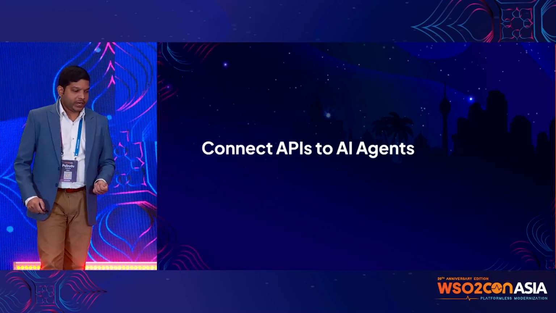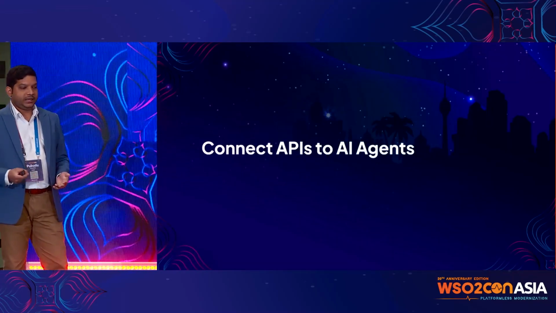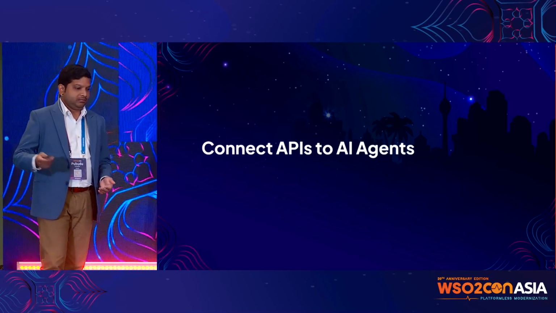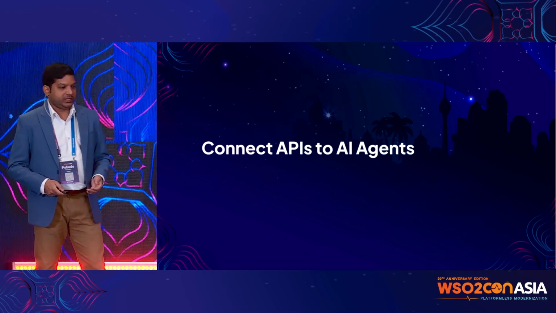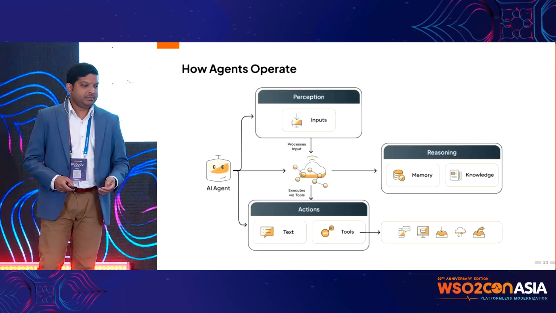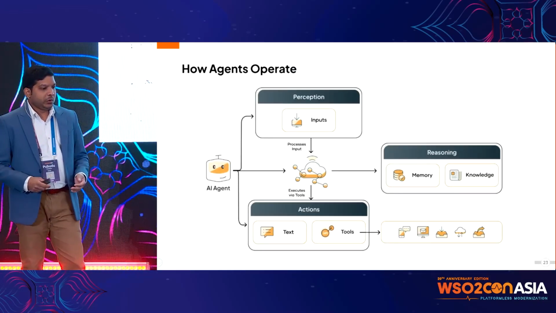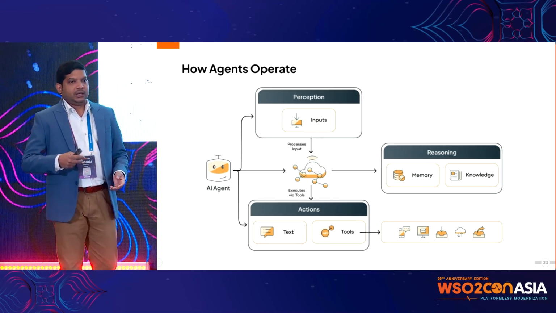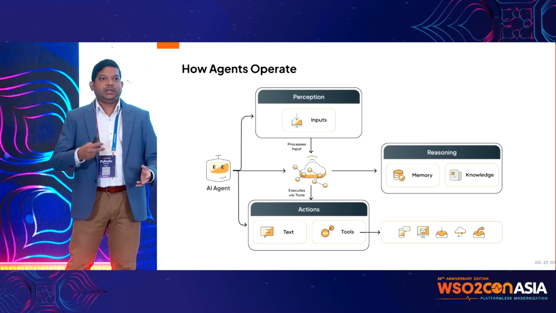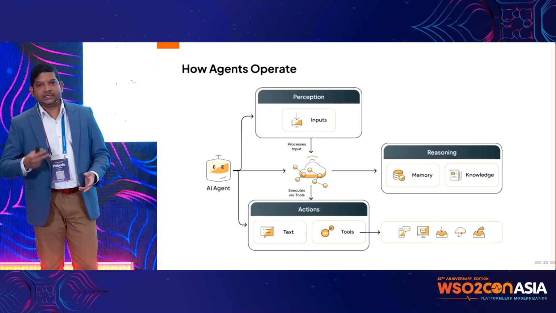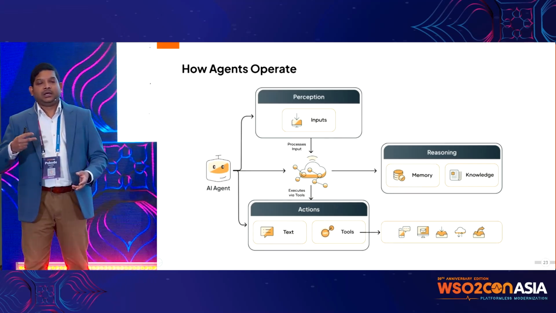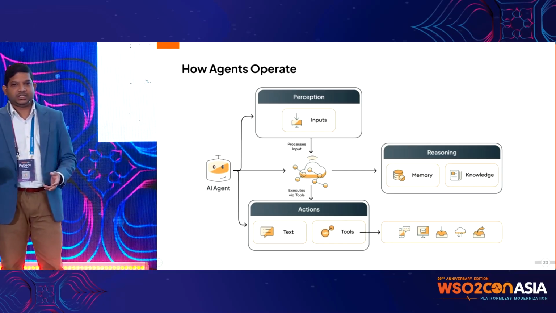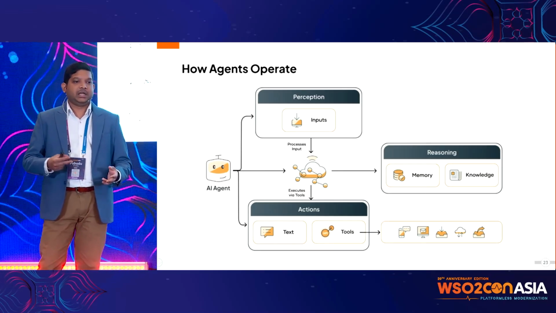Right, so let's look at how we can connect APIs to AI agents. As Chris mentioned, this is very recently introduced for Bijira. If you look at how agents operate today, the idea is that agents will get some inputs. These inputs can be the documents that you upload, the conversation you have with the AI agent, and likewise.